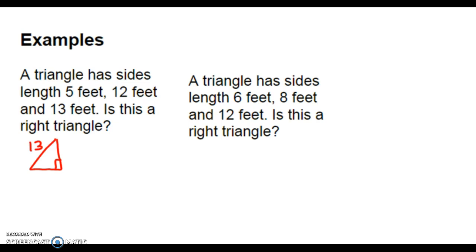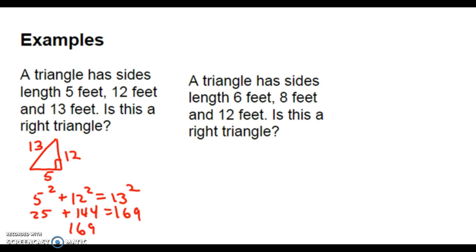I just drew a rough sketch of a right triangle, so I could say that this is 5, this is 12. Depending on the situation, it could be different. We want to see if this is a right triangle. So we have to ask: is 5 squared plus 12 squared equal to 13 squared? We just did this, so we know that this is going to be true, but all we have to do is simplify our equation and make sure that we get the same thing on both sides.